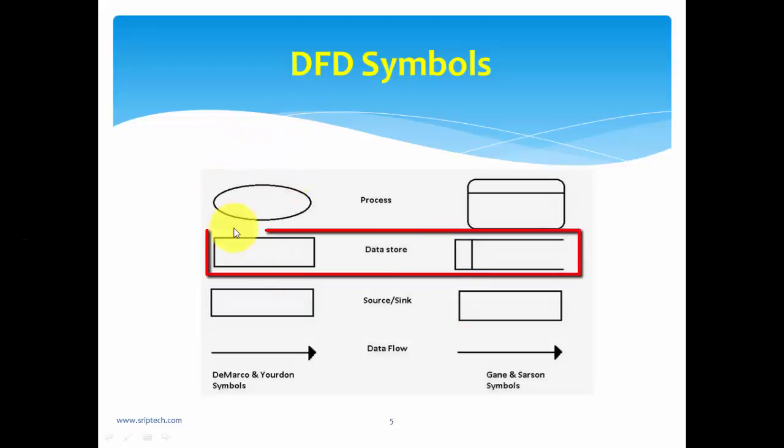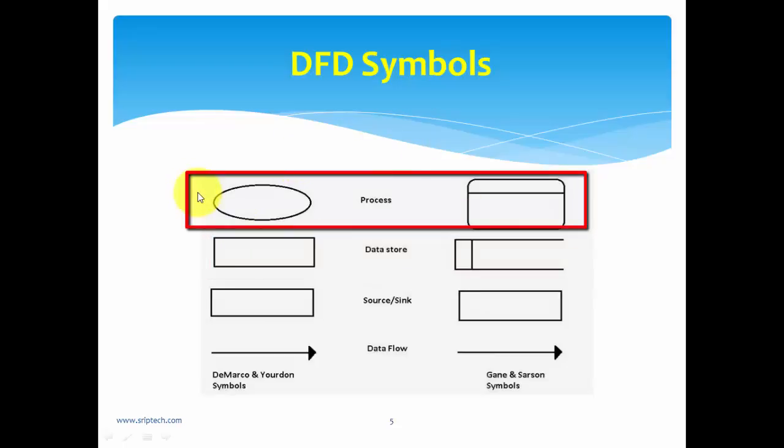Now what is a data store? A data store is a place where the data is going to be stored. We also call a data store a repository. A perfect example of a data store could be a simple table of your database management system. You have a process. A process is something which converts input to output. It does the central transformation.